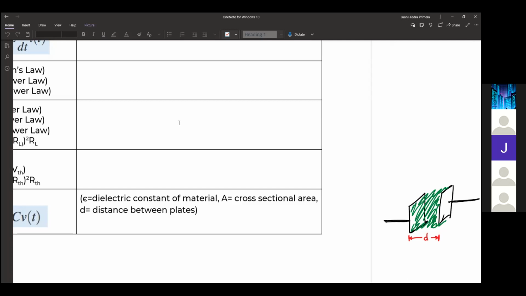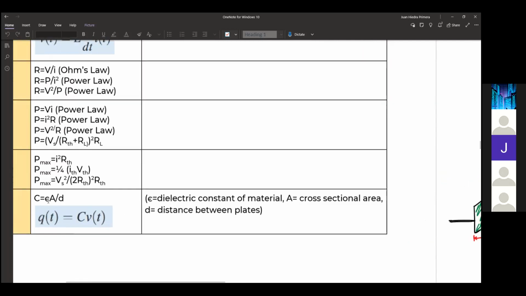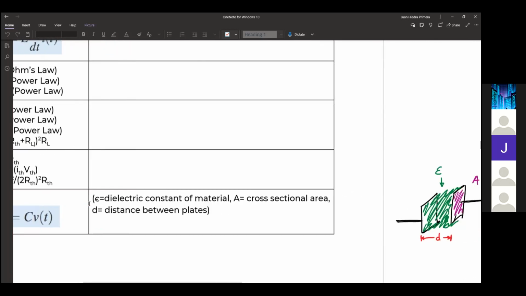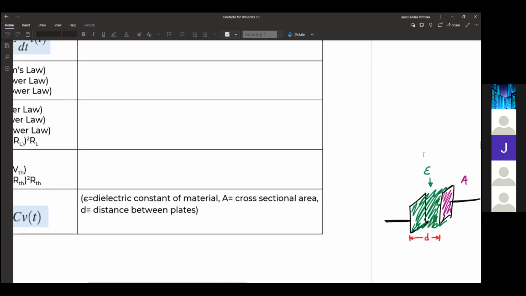The dielectric has a constant epsilon, and the parallel plates have an area A. So your capacitance, epsilon A over D, is the permittivity of the dielectric constant of the material, A being the cross-sectional area of the plates, and D being the distance between them.